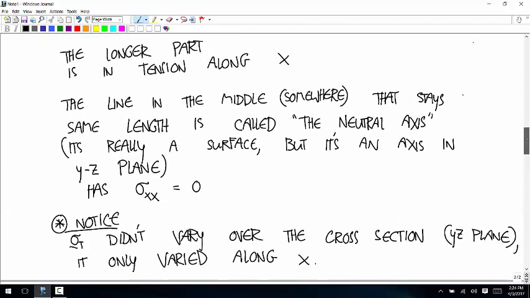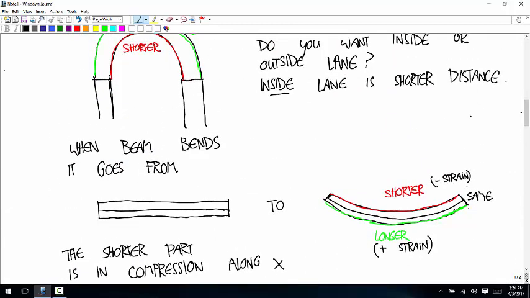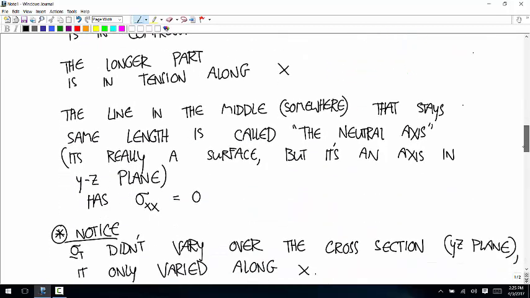So what that's saying is, if you choose a single X value, like right in the middle here, you'll have one stress tensor corresponding to compression at the top. You'll have a different stress tensor at the middle corresponding to 0, no compression or tension, and then you'll have another one corresponding to tension at the bottom, and everything in between those will vary. So that's intuitively what happens.